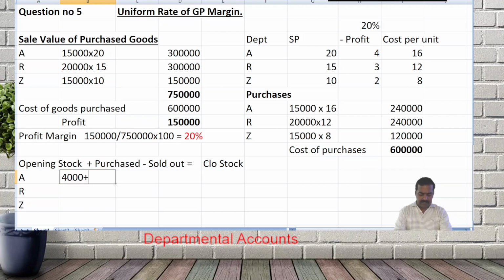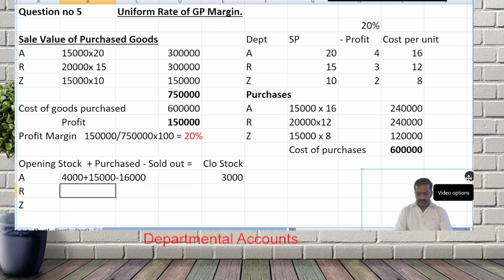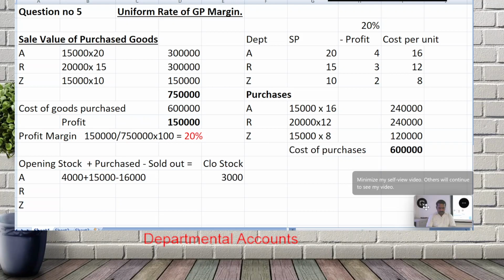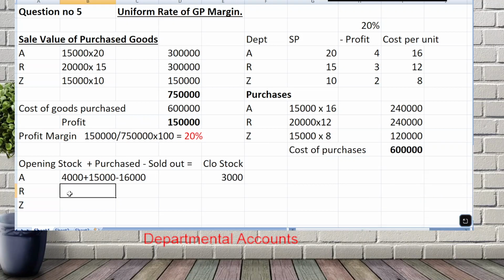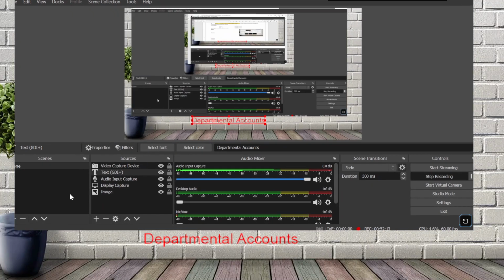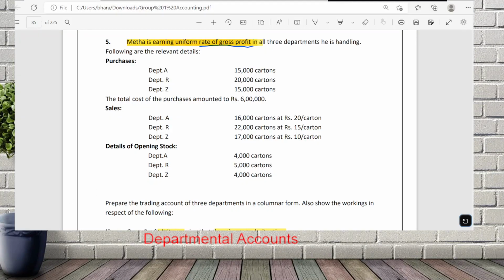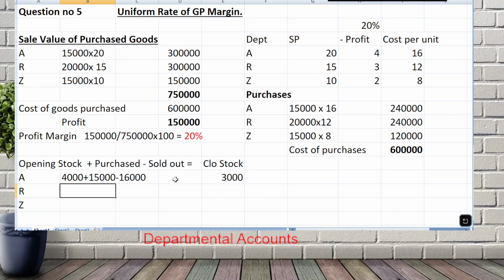Plus purchased how many units, minus sold out. This will give us closing stock for A. For B, 5,000 plus purchased 20,000 minus sold out.